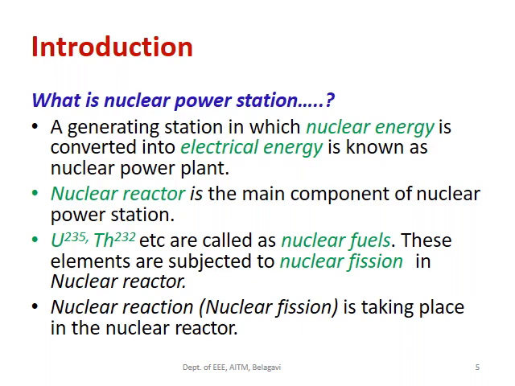The main ingredient, or main fuel, we use in nuclear power stations is of two types: uranium-235 and thorium-232. With the help of these materials, we convert the heat produced into steam energy with the help of boilers.